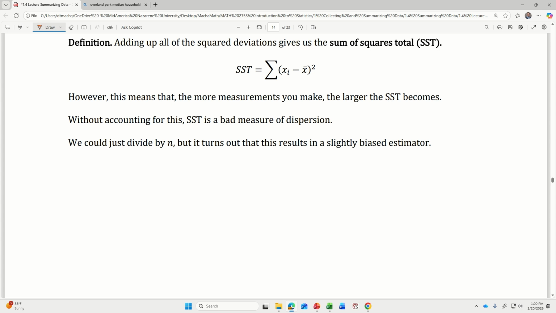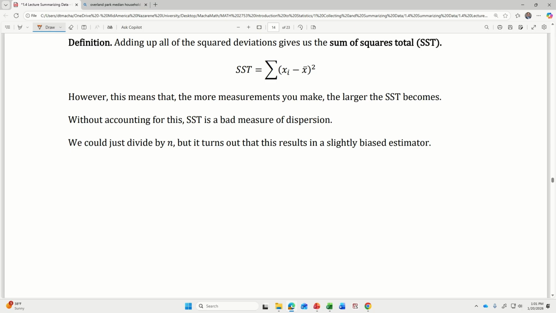But this is still not a perfect measure of dispersion because with SST, the more measurements that I make, the larger the SST becomes. Every single time I add a measurement, I'm adding some squared deviation, so it's always going to become larger every time I make a measurement. And I don't like that.